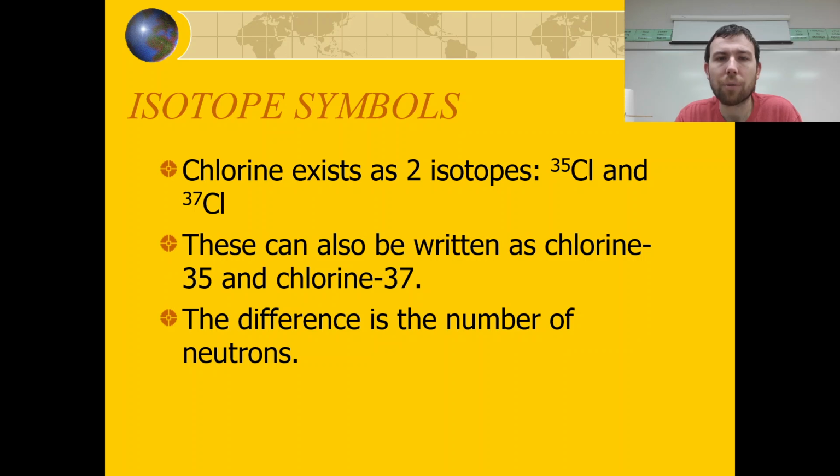So the difference between those two isotopes is the number of neutrons. Chemically, they behave the exact same way because they have the same number of electrons. Remember, electrons determine chemical properties, while protons and neutrons determine nuclear reactions and things like that.